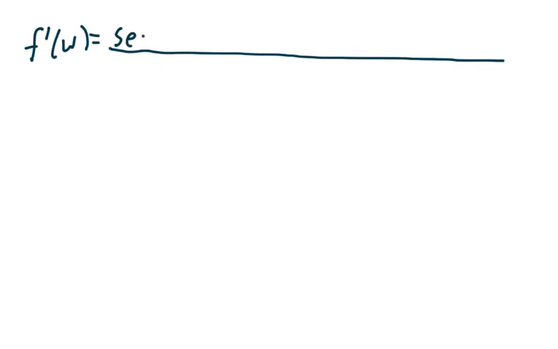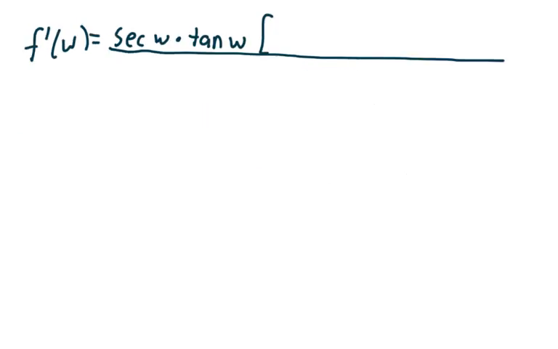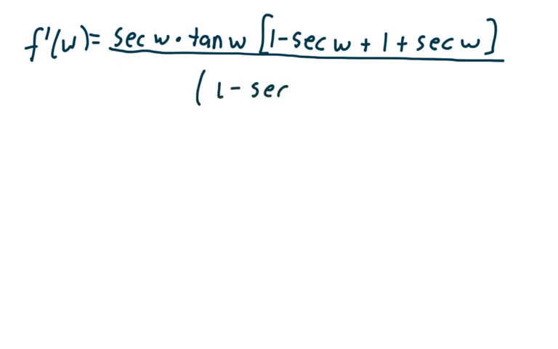So I'm going to get secant w times tangent w times the quantity. Now, I get 1 minus secant w, this piece right here, plus 1 plus secant w. And then we're still dividing by 1 minus secant w raised to the second.